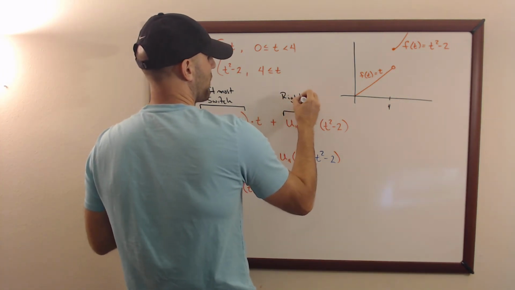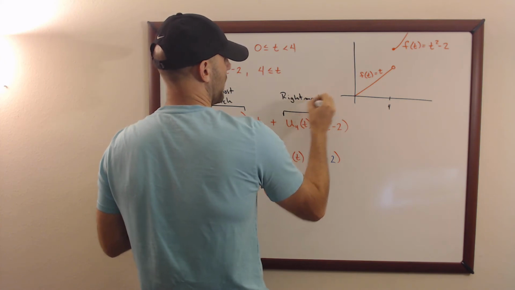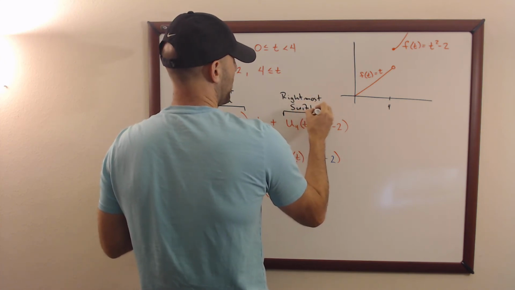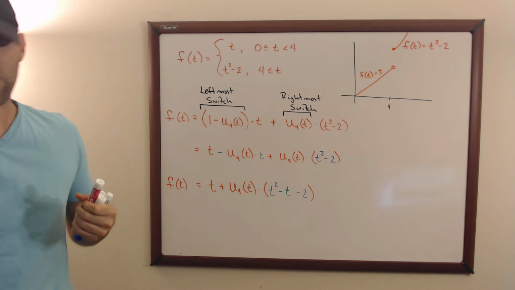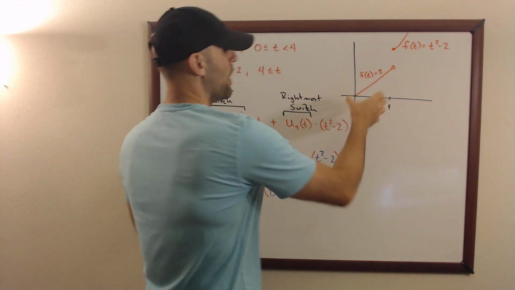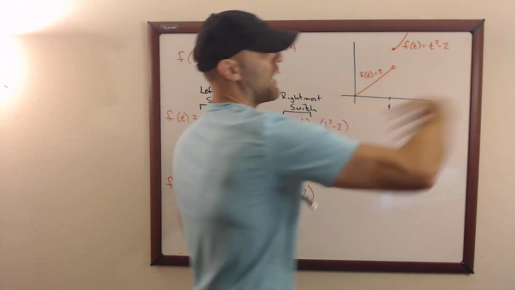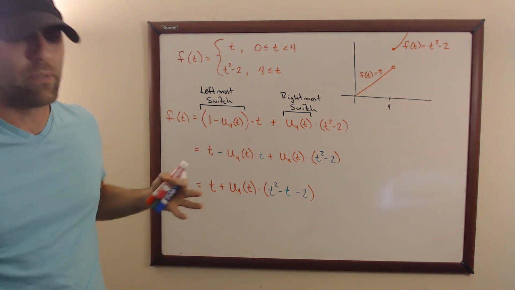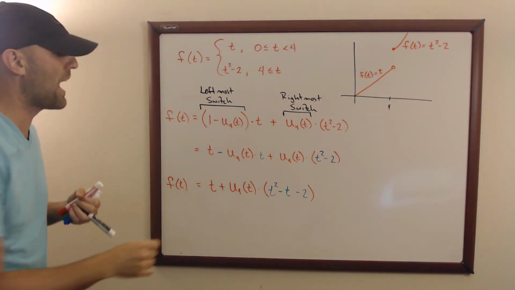You'll only ever have one of each of these, no matter how many pieces your piecewise function has, because you'll have one piece on the left, one piece on the right, and everything else qualifies as some piece in the middle, right?